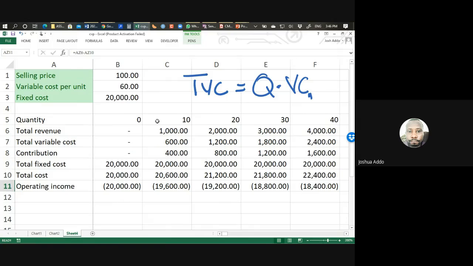That's what we are assessing. So with a given cost structure and given sales revenue, what is the impact on our profitability at various levels of sales volume? Very beautiful.